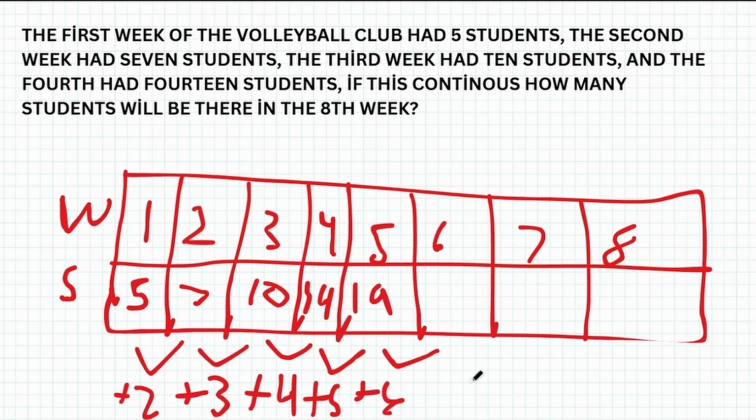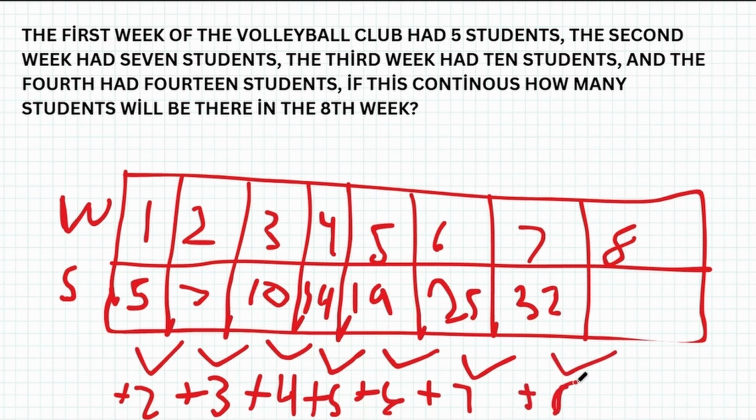Diba? 19 plus 6 is 25. On the 7th week, syempre, diba? Plus 7. 32. On the 8th week, plus 8. So, 32 plus 8 equals 40.